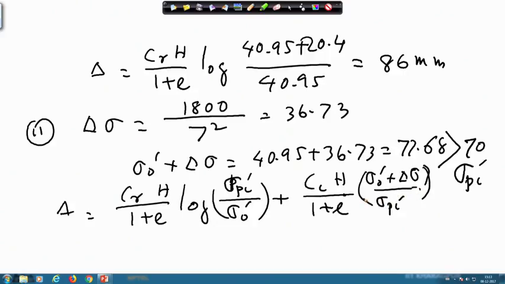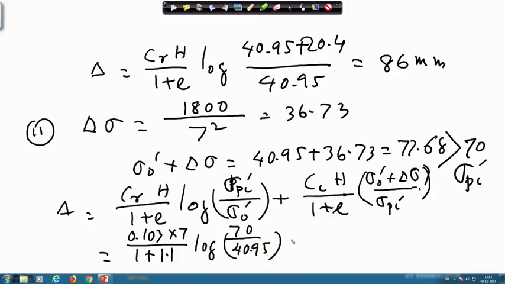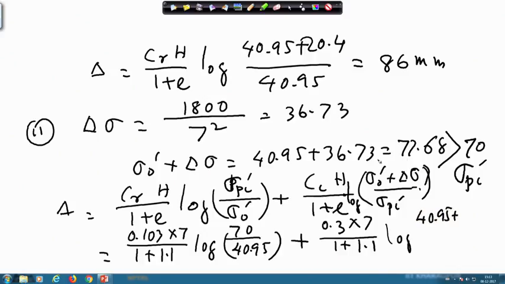So, everything is known. So, if I put those values, CR equal to 0.103 into H is 7 divided by 1 plus 1.1 log, sigma PC is 70 and this is 40.95, plus Cc is actually 0.3 into 7 divided by 1 plus 1.1 and log of 40.95 plus delta sigma 36.73 divided by PC, which is 70.